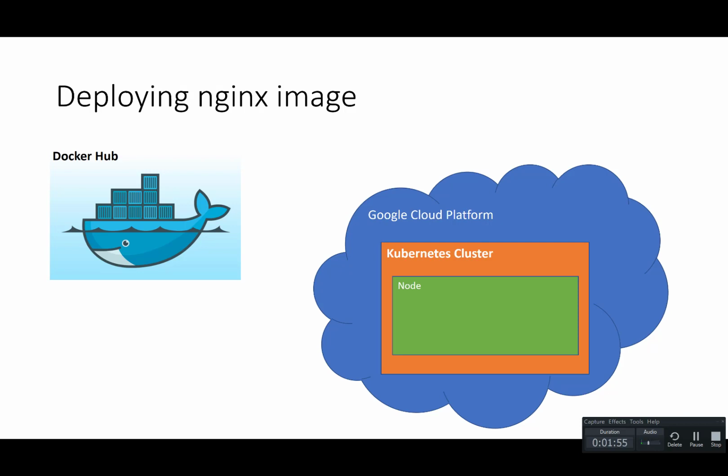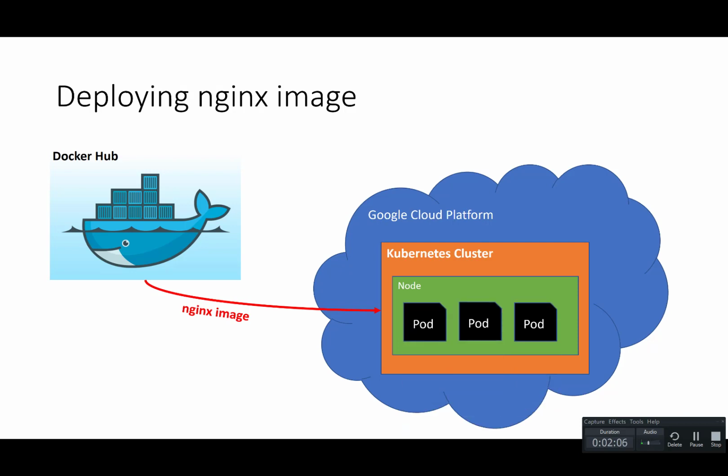And what we're going to do is take an nginx image that is residing in the Docker Hub, pull that image, and run 3 replicas of that nginx image in the Kubernetes cluster. The tutorial, I believe, uses a different application, different image, but it should be fairly straightforward to follow as well. So we are going to pull the nginx image from the Docker Hub.